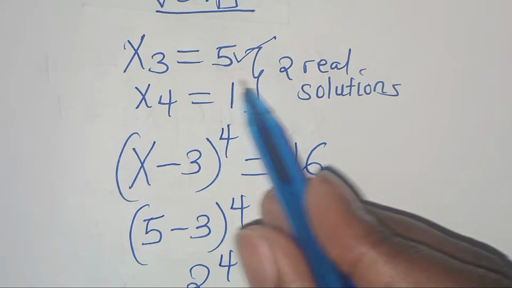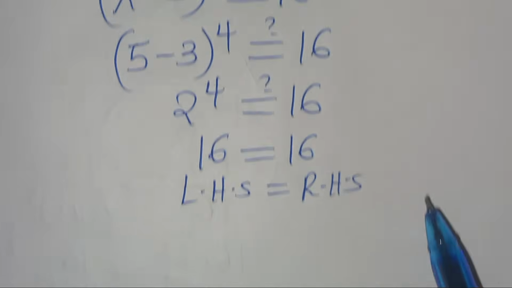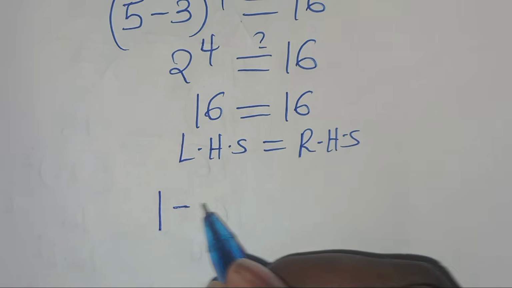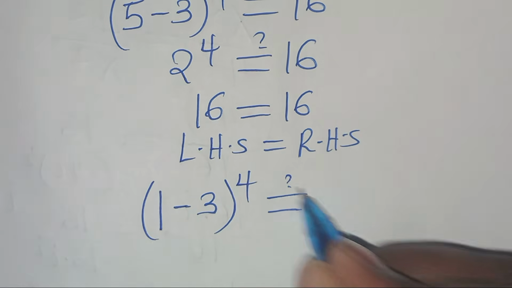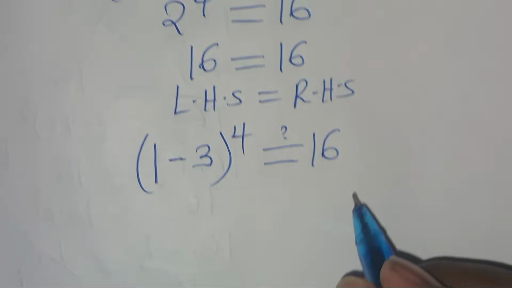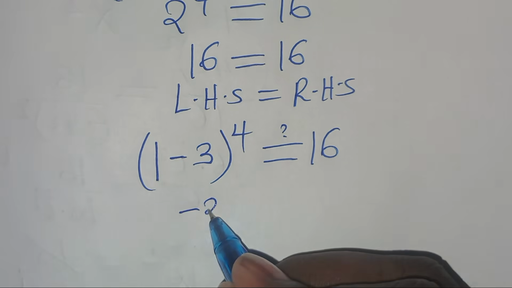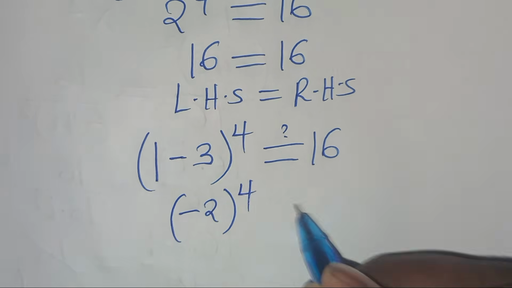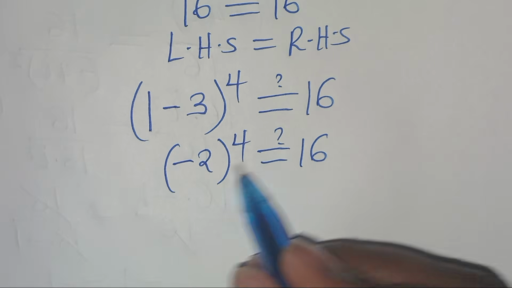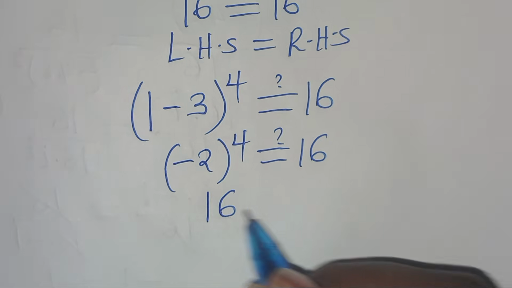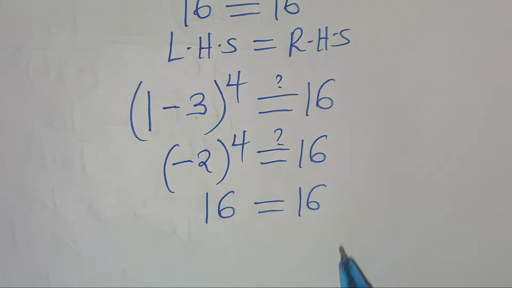Let's check x4, which is 1. So we have (1 minus 3) raised to the power of 4, which is supposed to give us a value of 16. 1 minus 3 is negative 2, raised to the power of 4. Negative 2 to the power of 4 is equal to 16, and this is equal to 16.